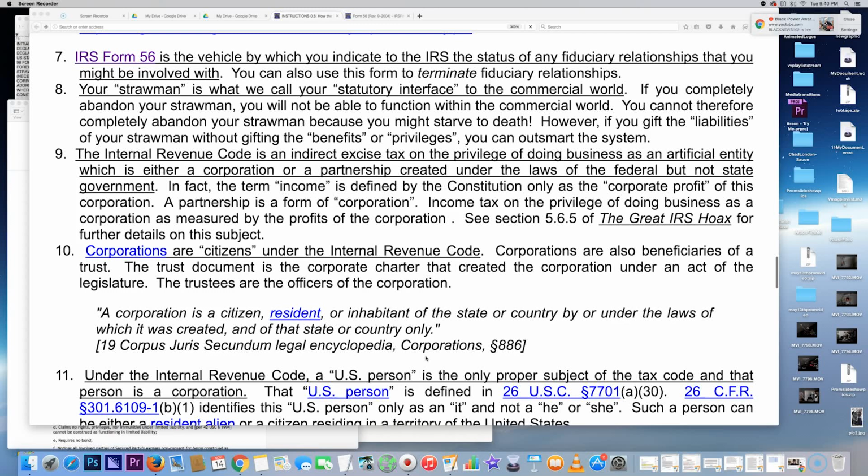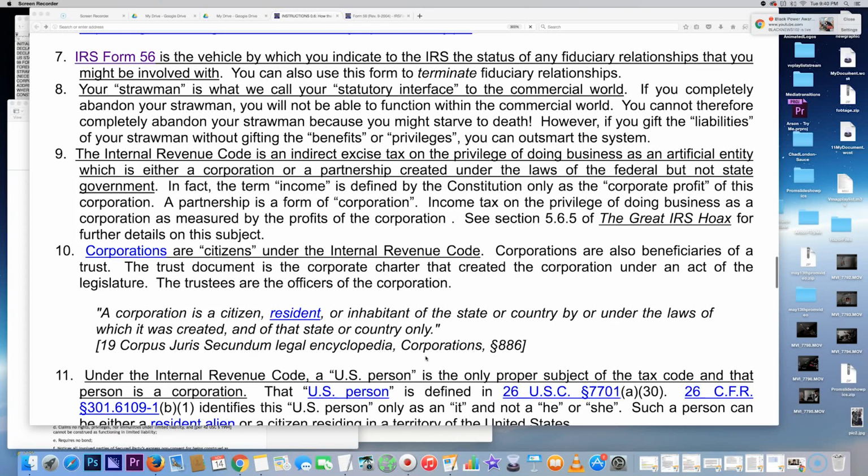The Internal Revenue Code is an indirect excise tax on the privilege of doing business as an artificial entity, which is another corporation, or a partnership. A partnership created up under the laws of the federal, but not state government. In fact, the term income is defined by the Constitution only as the corporate profit.